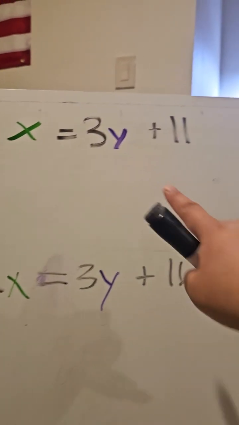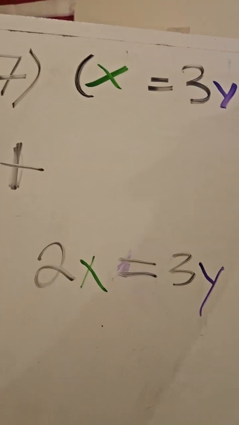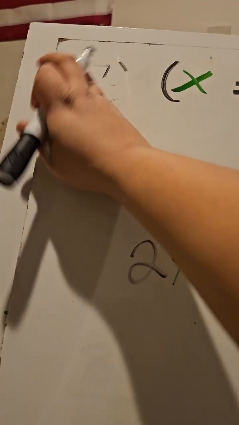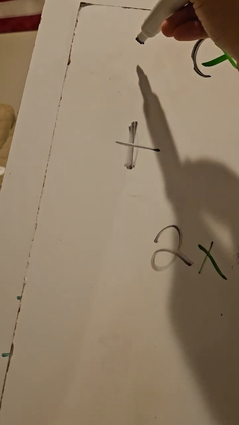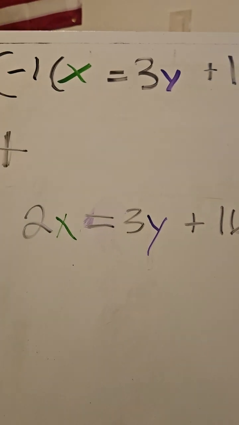I feel like it would be easy to convert all of these, so I'm going to use these ones. I'll erase this. This is just number 7, -1, and then parentheses around that whole thing, proper math notation.